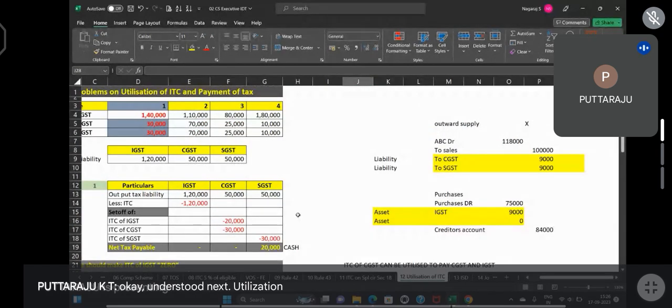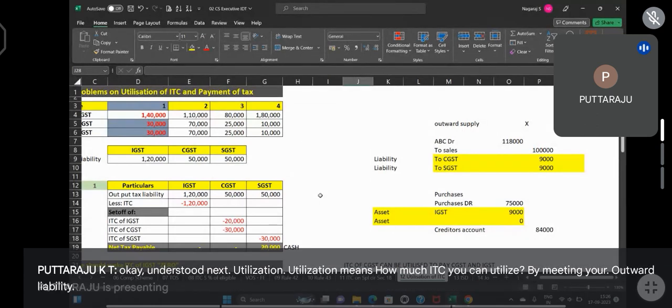utilization. Utilization means how much ITC you can utilize by meeting your outward liability. For meeting your outward liability, how much ITC can you utilize.